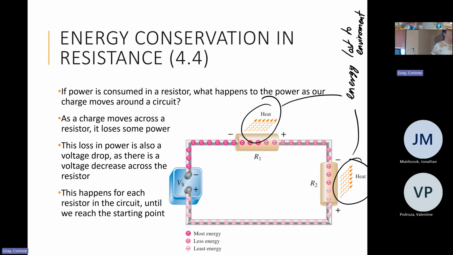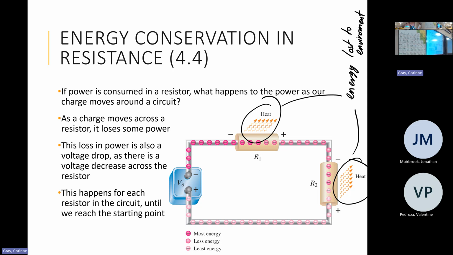So we can see as we go around our circuit here, it's representing it in the middle of every resistor. Is it the exact middle? Who knows? But how it's being represented is I'm losing some amount of energy, and that's being lost as heat to the environment.